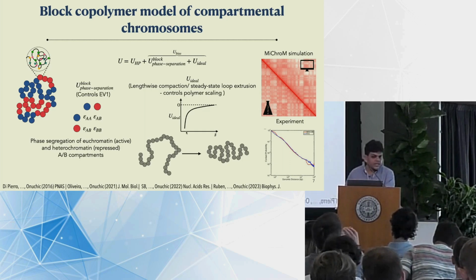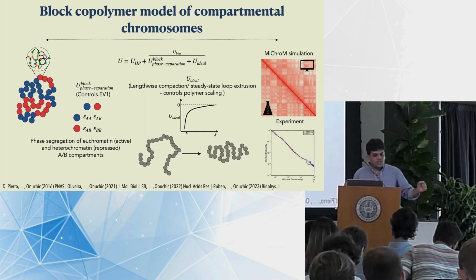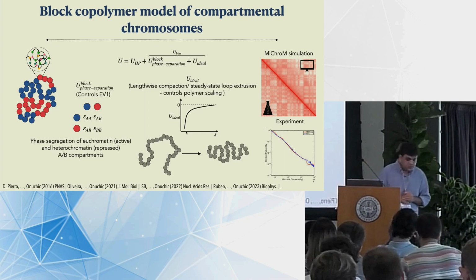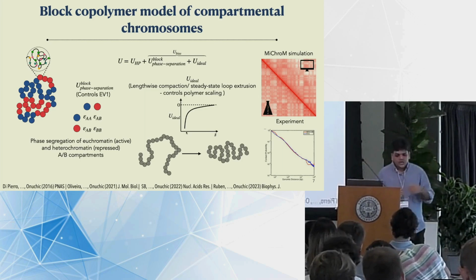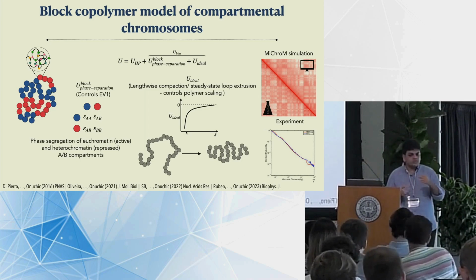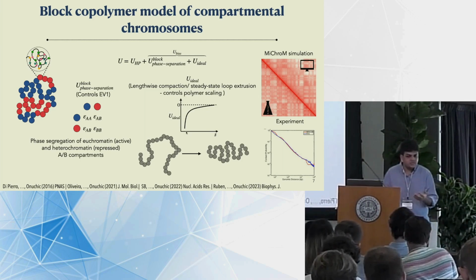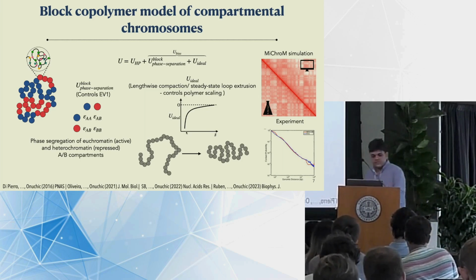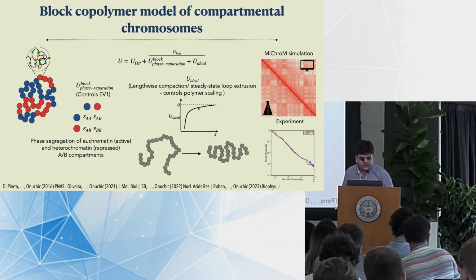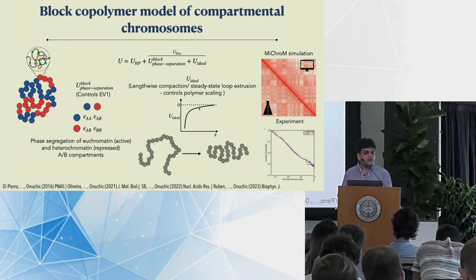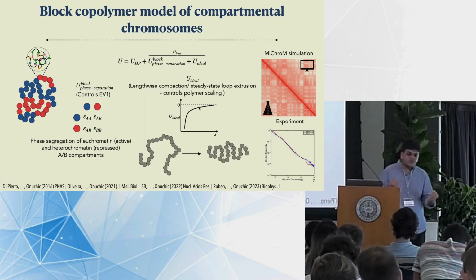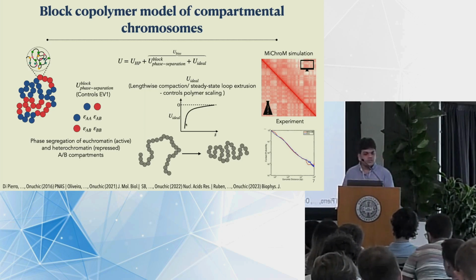Monomers which are close by will have a higher adhesive force compared to monomers which are far apart. This is like thinking of loop extrusion, in the sense that you have loop extruders binding and extruding loops. Shorter loops are going to be much more stable than longer loops, which is why you have this kind of potential: for two monomers which are very far apart, the interaction strength is much lower than for monomers which are closer.